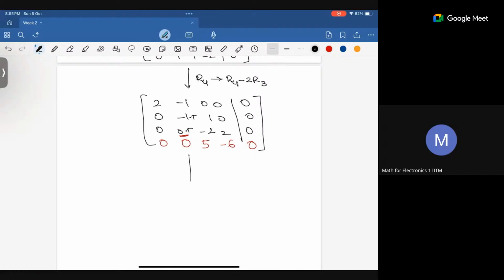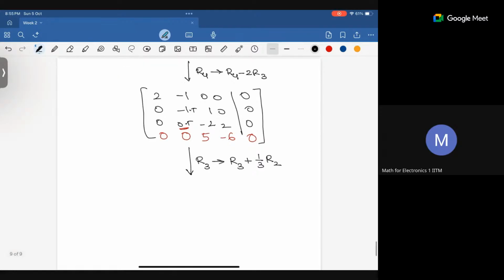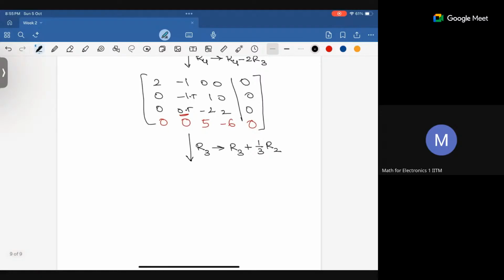So for that, we'll do row 3 has to be changed to row 3 plus 1 by 3 row 2. Right, so if I just do 1/3 of row 2 and then add, I'll have this entry to be 0.